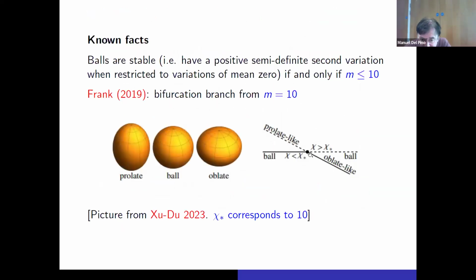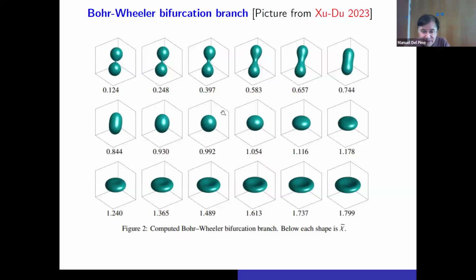Remember the branches. Balls are here, and to the left you will see something, and to the right you will see something else. I will try to describe what you see in this prolate-like and this oblate-like. Say the value chi star is around here. Then the branch to the left starts developing something that has a form like this, the oblate one.